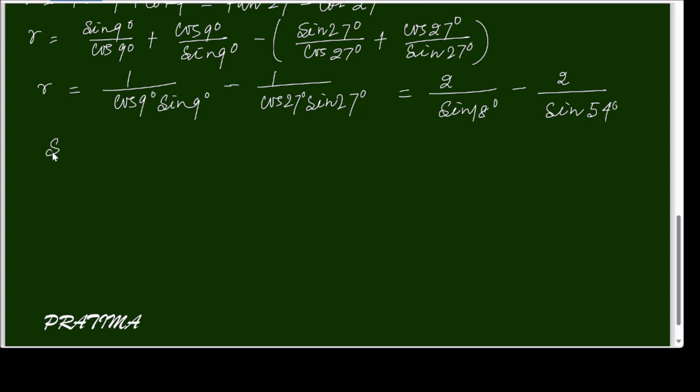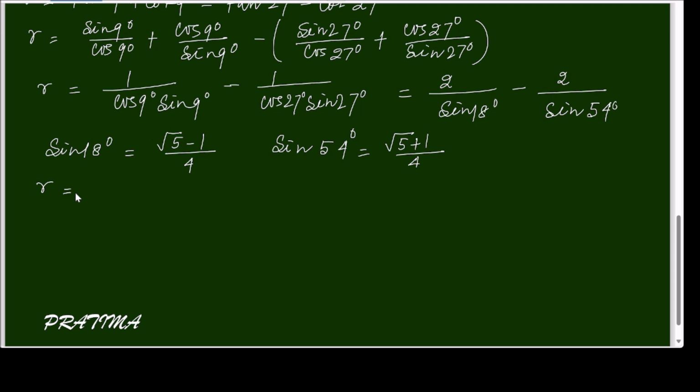So sin 18 degree is (square root 5 minus 1) by 4, and sin 54 degree equals (square root 5 plus 1) by 4. We'll put these values here; you have to remember them.